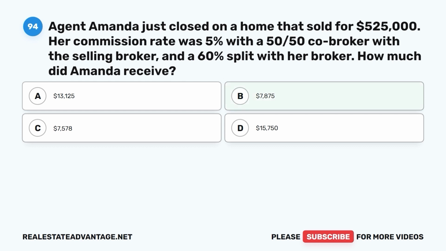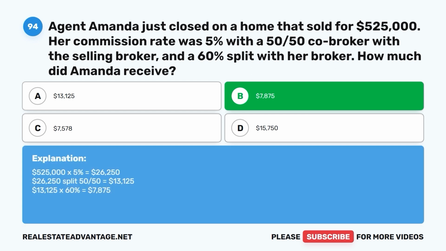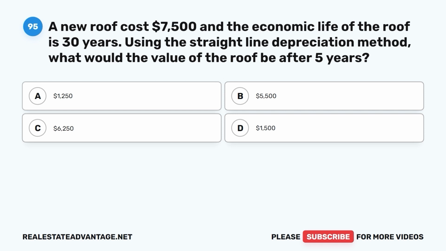The correct answer is B. $7,875. $525,000 times 5% equals $26,250. $26,250 split 50-50 equals $13,125. $13,125 times 60% equals $7,875.